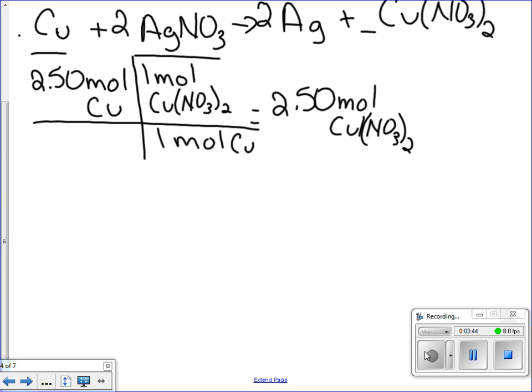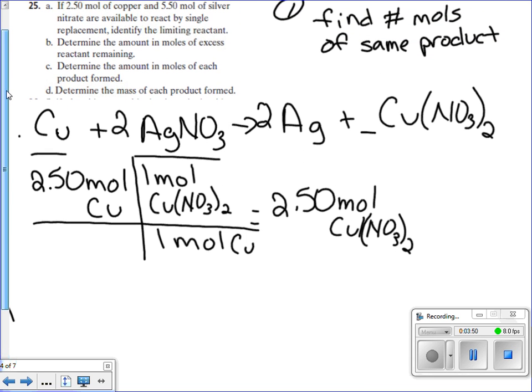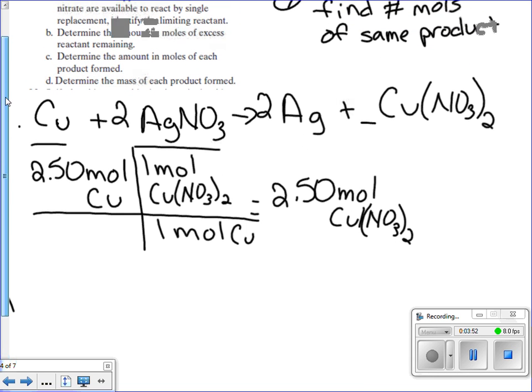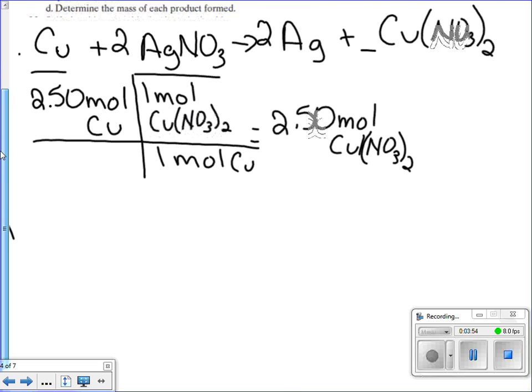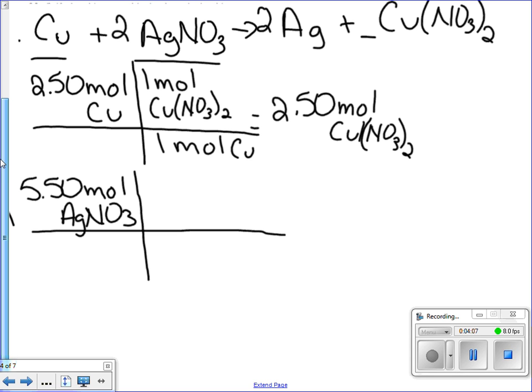Then, if I have 5.5 moles of silver nitrate, how much copper 2 nitrate can I make? So that's going to be my next step. I have to convert this to moles of copper nitrate too, so I can easily compare them.